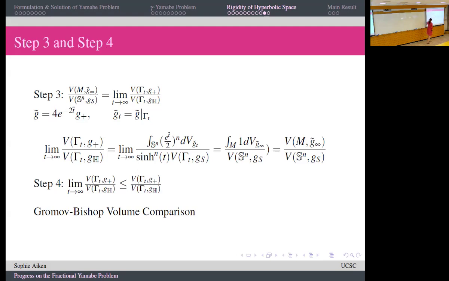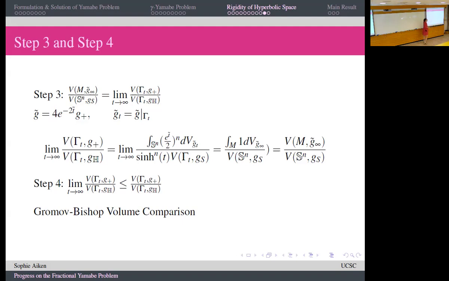Then they're able to rewrite what your background metric is and use the dominated convergence theorem to deal with the limit. And then finally, by Gromov-Bishop, we know that this quotient is always a non-increasing function.